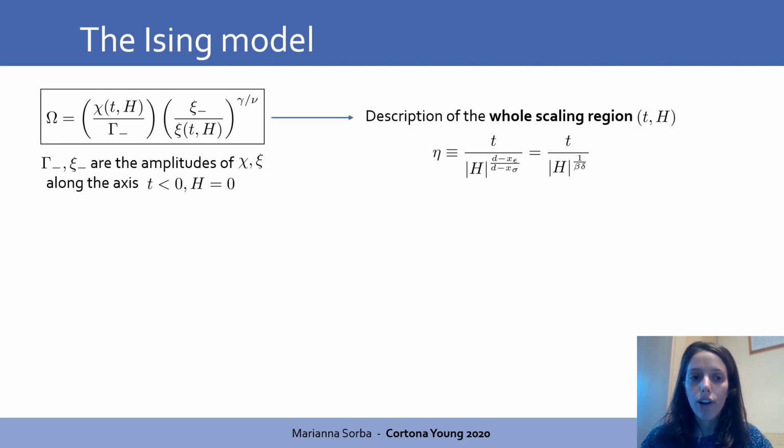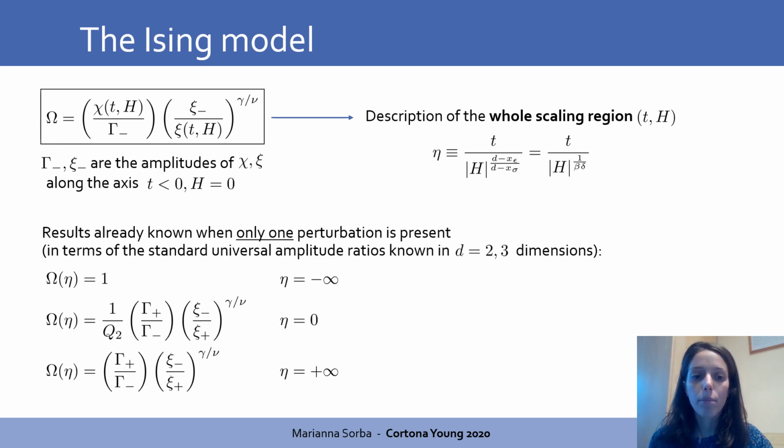So if we rewrite our function omega in terms of this scaling parameter, we end up with the fact that when only one perturbation is present, so when eta takes the values plus, minus, infinite and 0, the omega quantity can be rewritten as appropriate combinations of the universal amplitude ratios that we know are exactly known for the bidimensional Ising model, or they are given by numerical estimations for the 3-dimensional case.